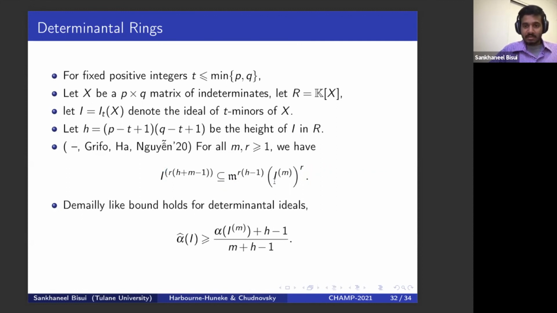Since they satisfy this containment, we say that these ideals also satisfy the de Mailly-like bound, meaning the Waldschmidt constant is at least the initial degree of the m-th symbolic power plus h minus 1 over m plus h minus 1.